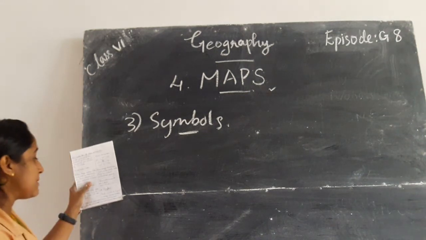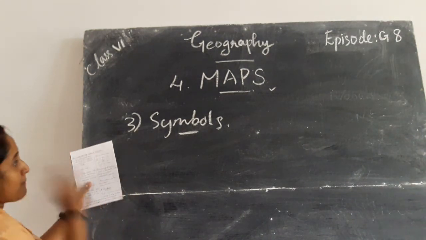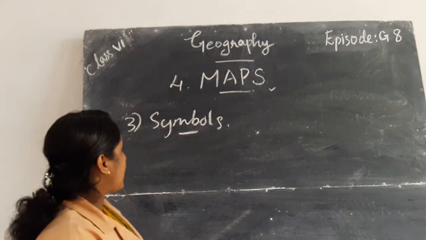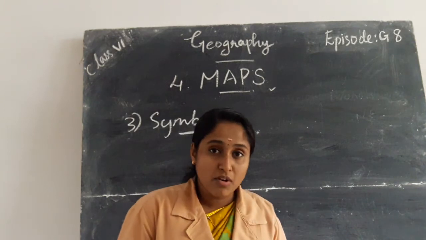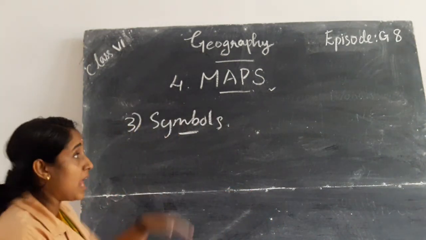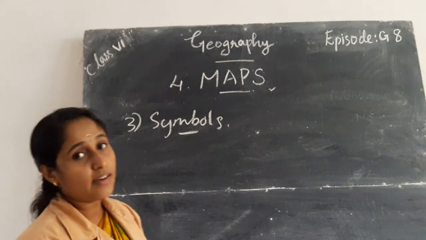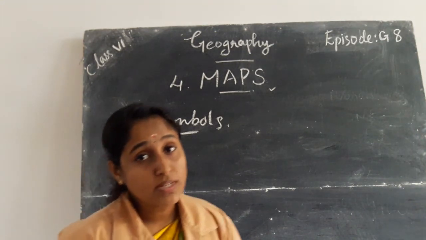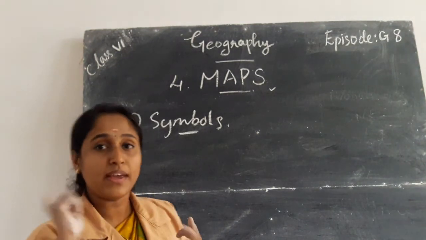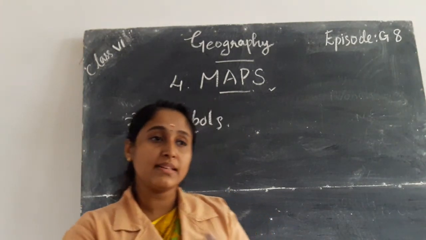So what do you mean by symbols? In a map you can see buildings, roads, bridges, trees, rail lines. These things we need to identify on a map with the help of symbols: buildings, railways, roads, trees, mountains, rivers.